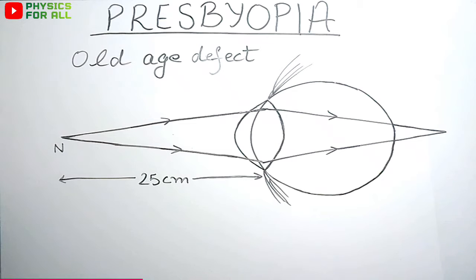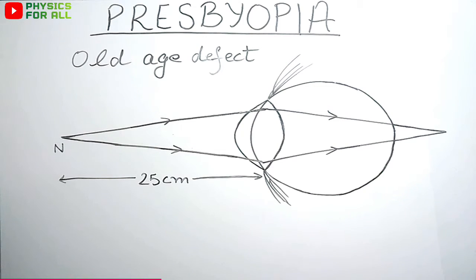Because you must have observed that in case of children, in younger generation, we often find the cases of myopia. Small children, students, even youngsters, they suffer from myopia. That is, they have problem in seeing distant objects clearly.